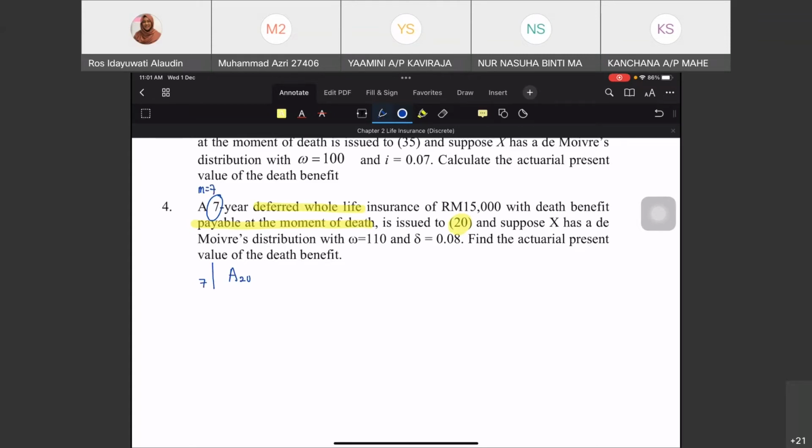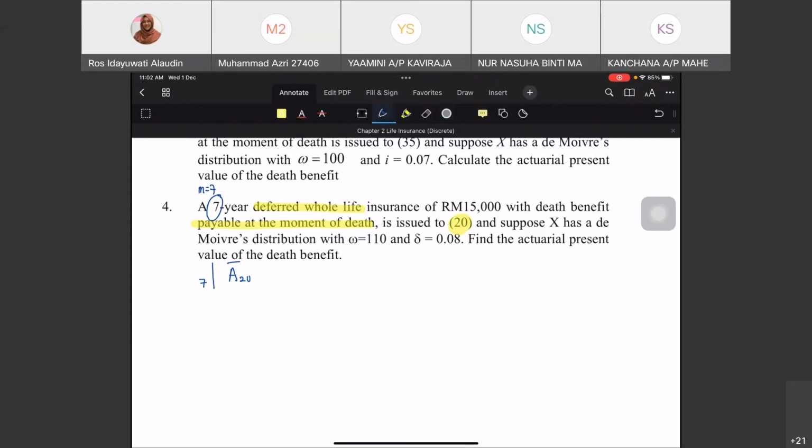For endowment, we have another thing at the back, isn't it? So the deferred year becomes m. Never mind, as long as you know where you want to put the value. So this is the notation, and don't forget this bar because it is for the continuous. When you look at the notation, you know it is continuous, it is deferred, and it is whole life since we don't have n at the back.